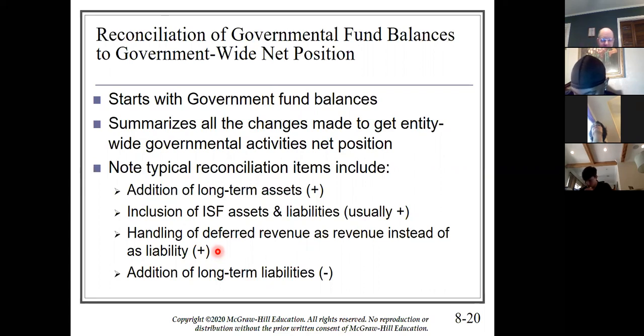Deferred revenue, so it's revenue that they're not counting as revenue because it's going to come in too late. So why are they classifying that as a liability when they don't owe anything to anyone? That's just goofy in my opinion. At any rate, then they add in the long-term liabilities.